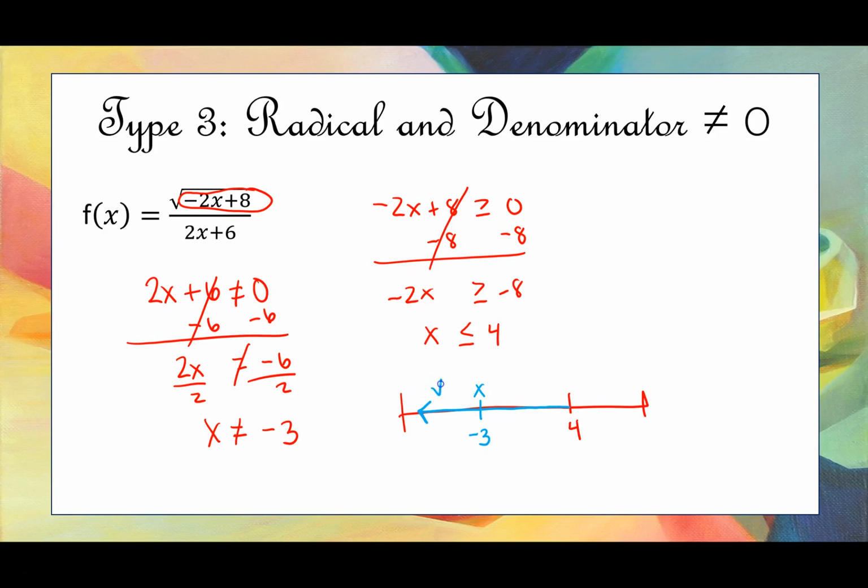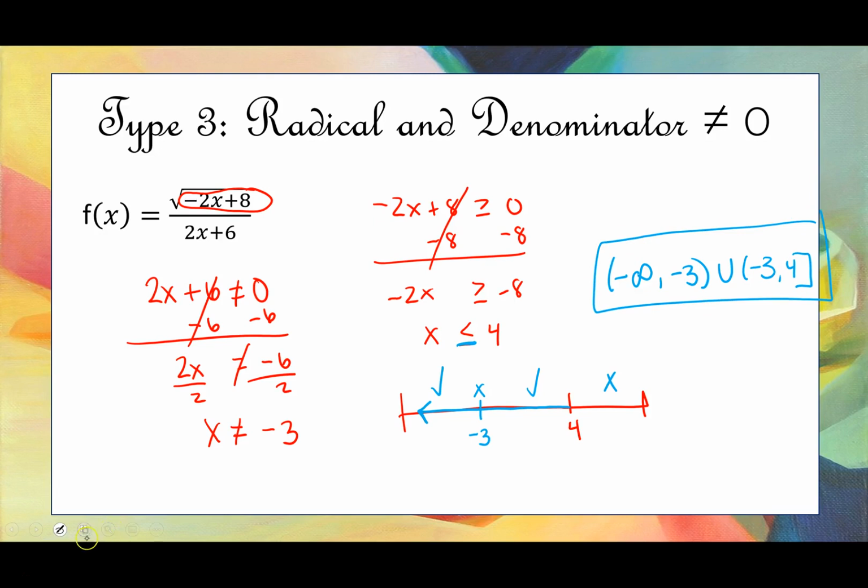So I want this, and I don't want this. So our final answer is going to be from negative infinity to minus 3, union minus 3 to 4, and I'm going to include 4 in a hard bracket because of this equal symbol right here. All right, that's our answer there.